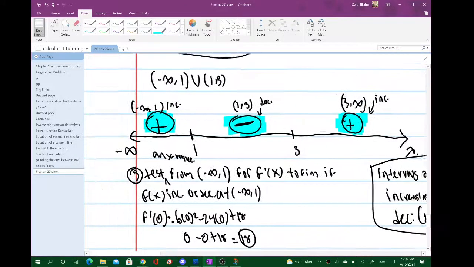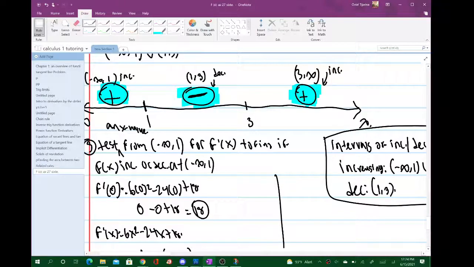Now, looking at the maximum and minimum, we know that because it is increasing from negative infinity to 1, it goes like this, right here. You see it's increasing, and then it's decreasing from 1 to 3. So this is 1, and then from 1 to 3 it is decreasing, so it's like this. And then it is increasing again from 3 to infinity.